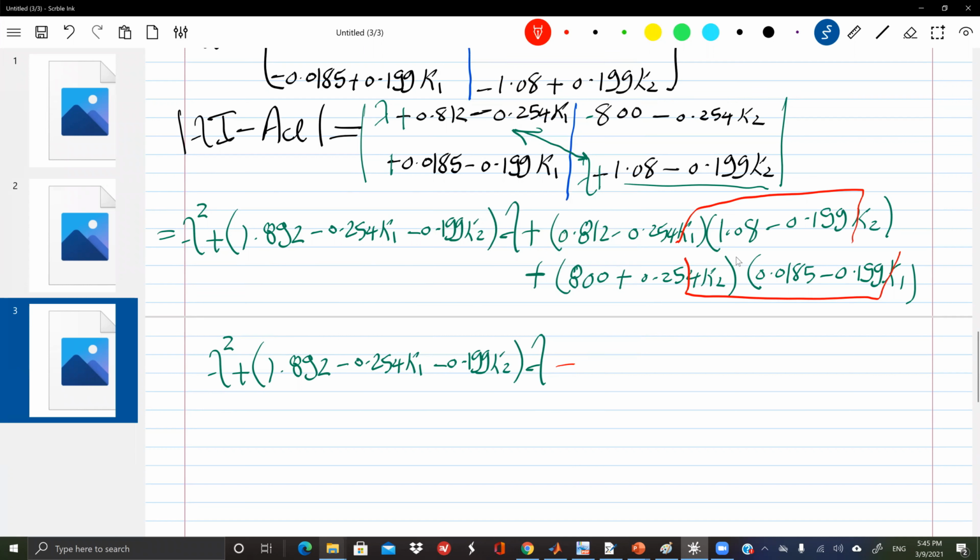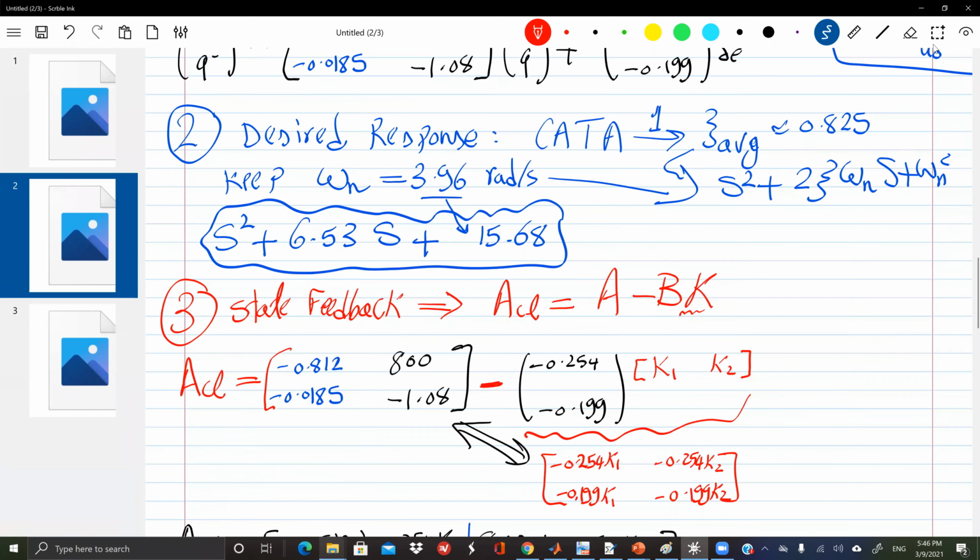This is plus what? This is 1568.15947 K1 and 0.157 K2. This is my characteristic equation of the closed loop system, and this is the desired one. Let's get it.